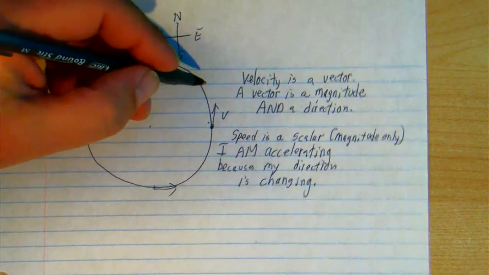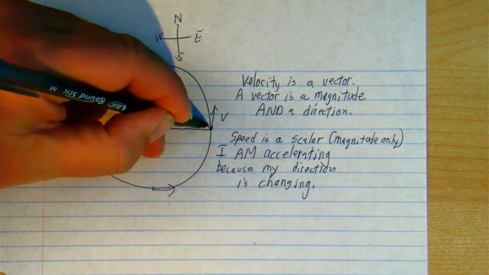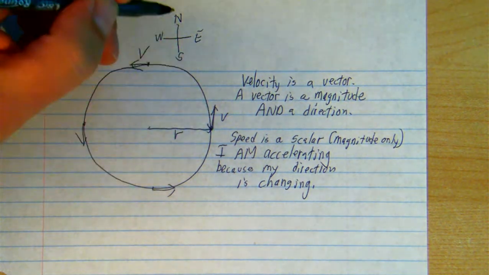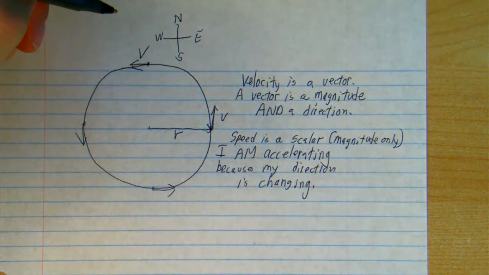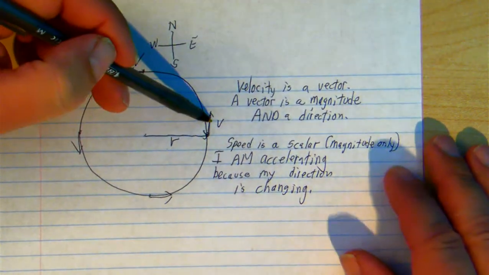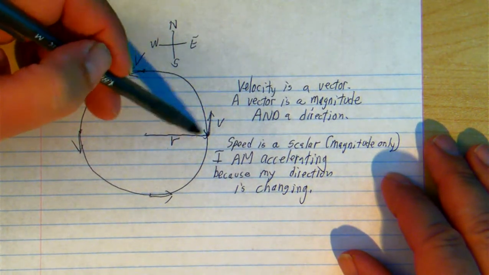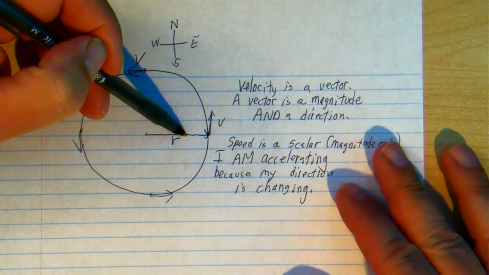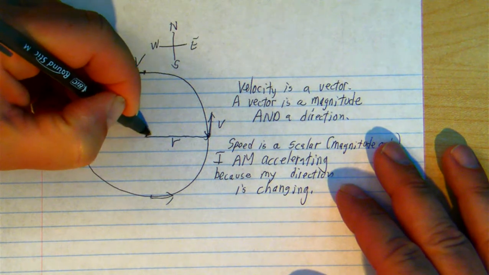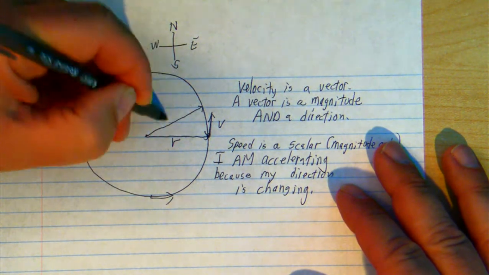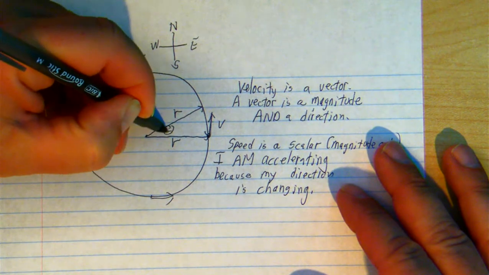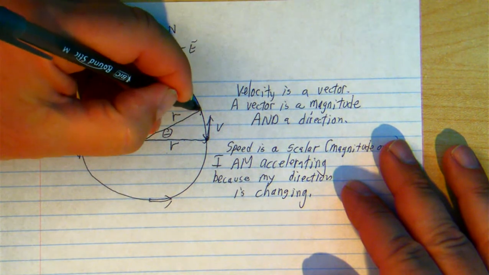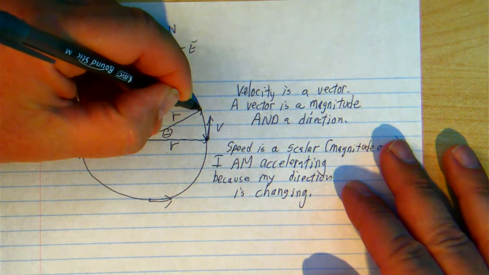So I'm going to do two snapshots. This circle is radius r. And anytime I'm moving around the circle at a constant speed, my velocity is tangent to the circle. So that's really a right angle between my velocity and my radius. Now consider a short time later. I've moved through some angle, theta. My radius hasn't changed. The magnitude of my velocity hasn't changed.